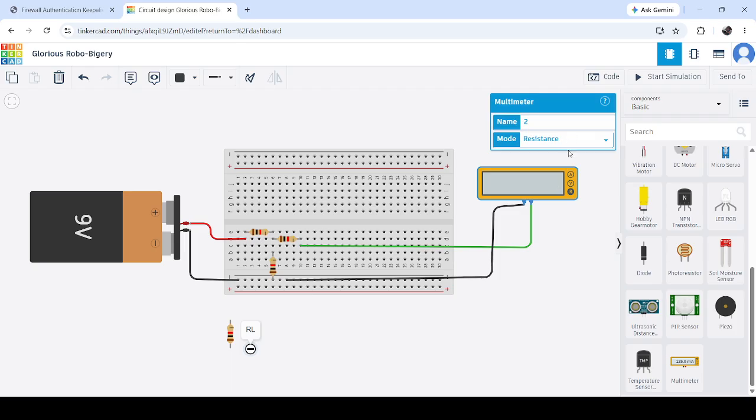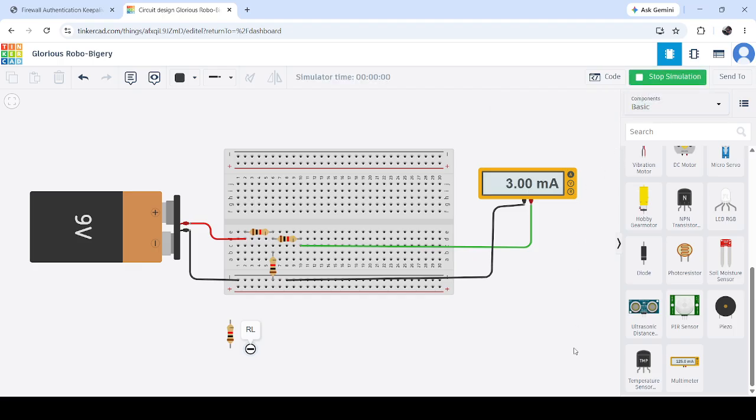So we have to change the mode of the multimeter from resistance to amperage, and after that we will start the simulation. Now you can see, as all the resistance values are 1 kilo ohm, we got ISC as 3 milliampere. So we got the value of ISC as 3 milliampere.